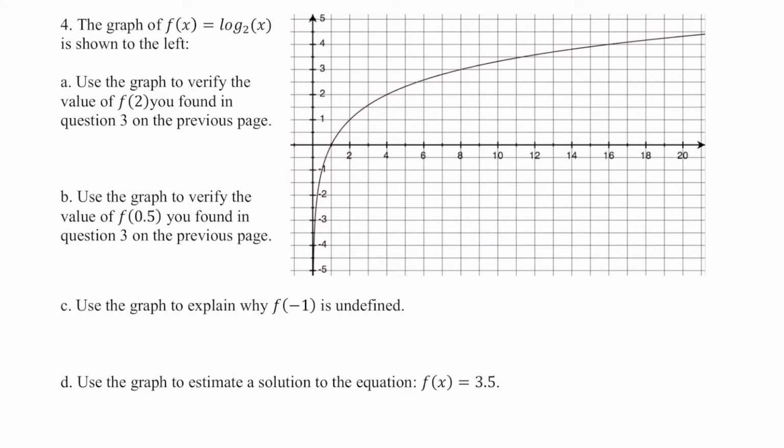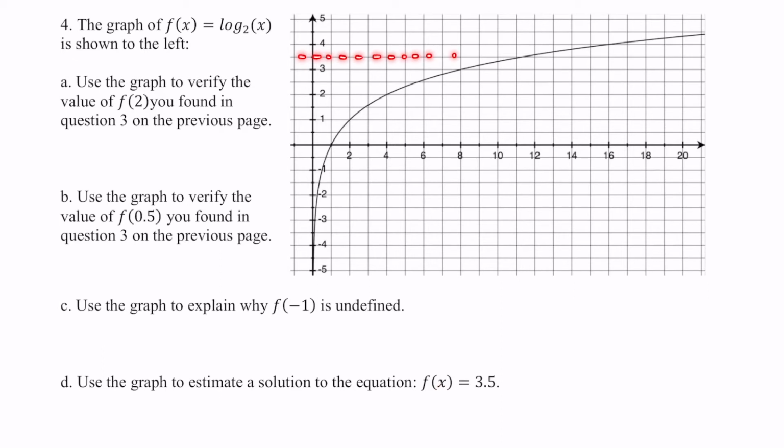Next, let's use the graph for part D to estimate a solution to f of x equals 3.5. Now this is a little different. Here, when the number was inside the parentheses, say for 2, we looked at where this vertical line intersected our graph. Now we notice that inside my parentheses is an x. So we don't know what the x value is, but we know what the y value is. The y value is 3.5.